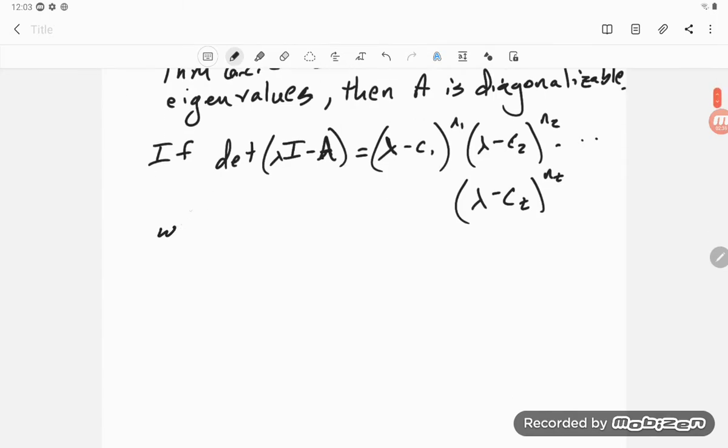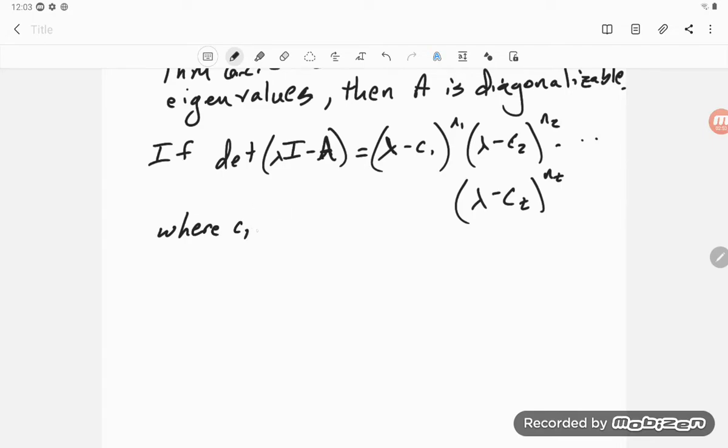where, now in some ways, I don't know that these truly have to be distinct given what we're going to say, but why would you write them otherwise if they aren't distinct?